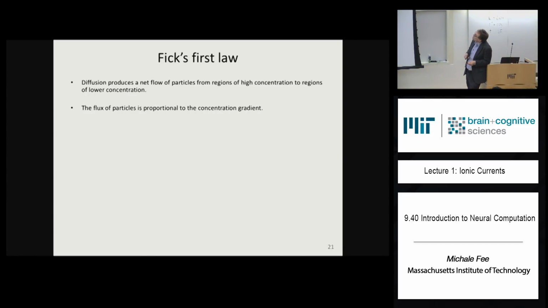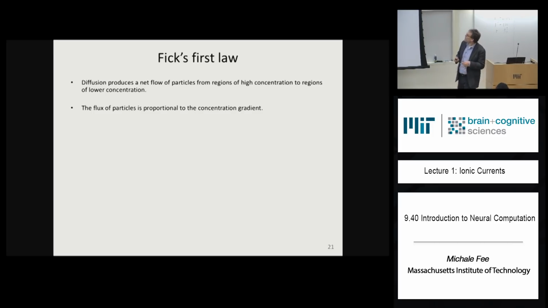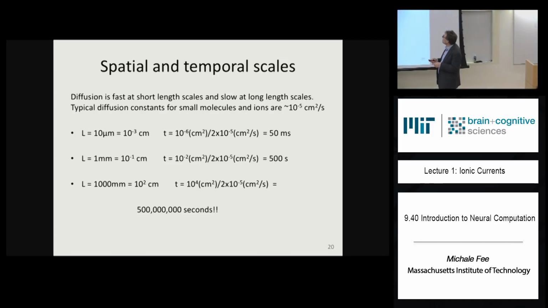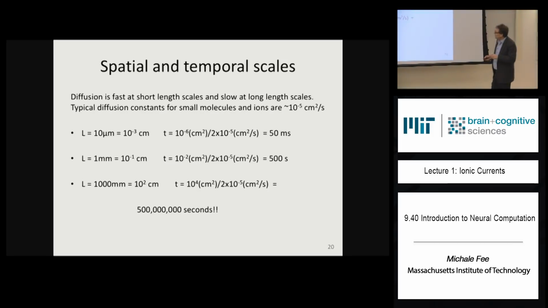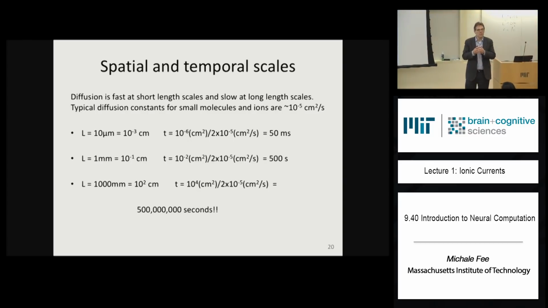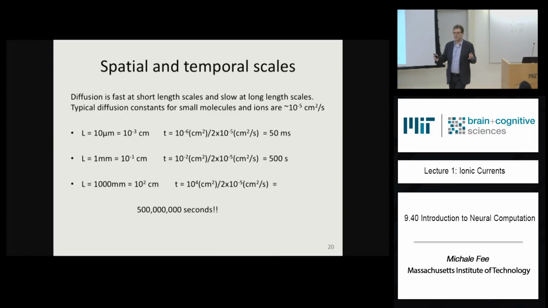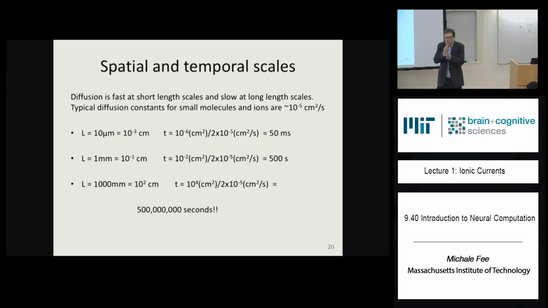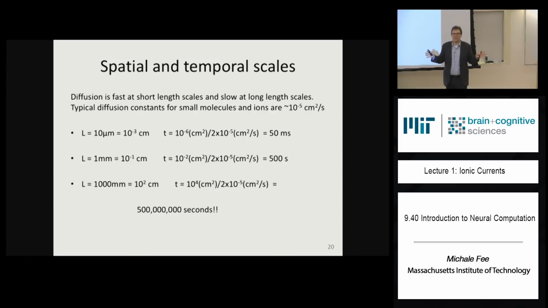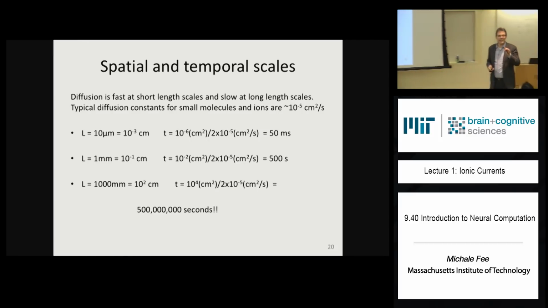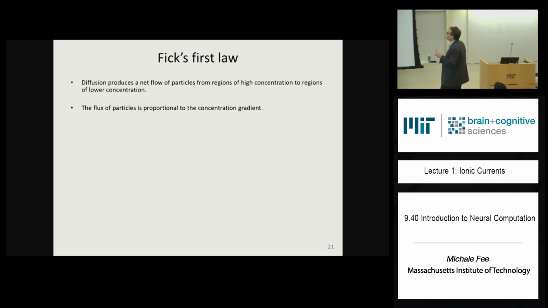Okay. All right, so you can see that diffusion causes the movement of ions from places where they're concentrated to places where there aren't so many ions, right? So let's take a slightly more detailed look at that idea.